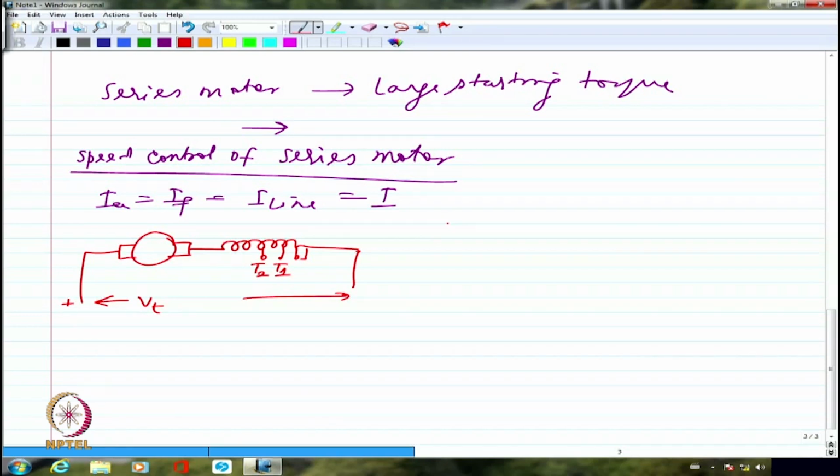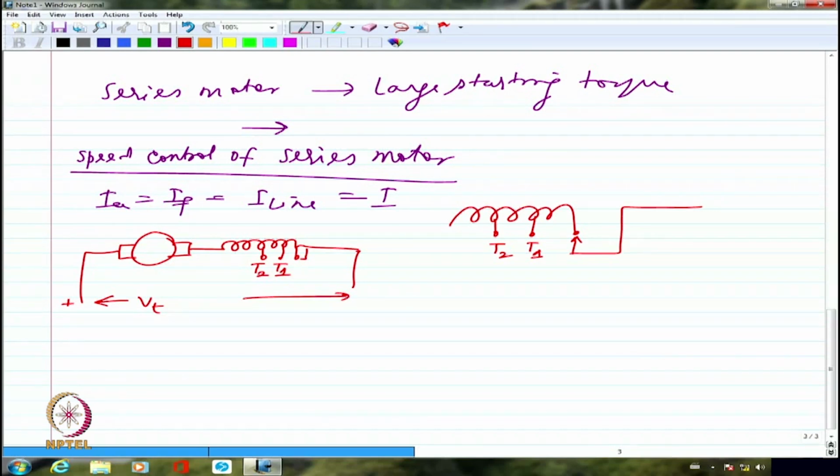That is the reason why, if this is the field coil, normally this is connected here, maybe another tap, and so on. This is how I will have multiple taps in the field coil, right? So depending upon this, I'm going to vary the MMF.